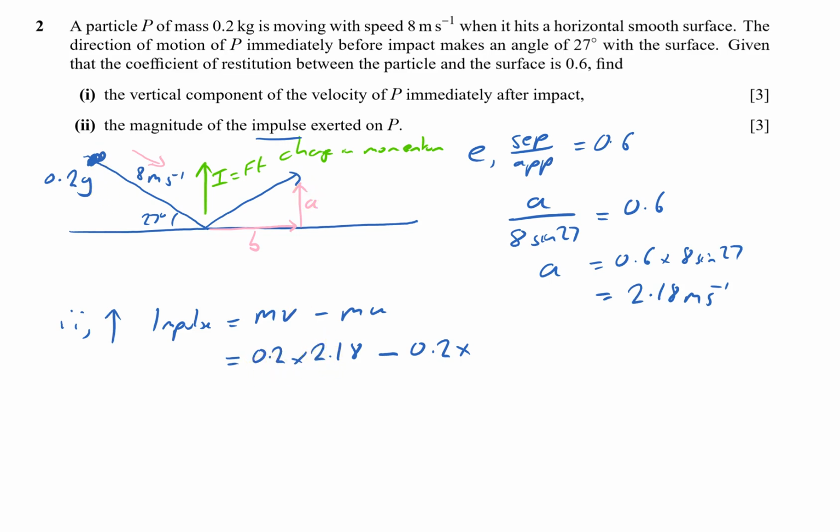But this velocity as it comes in, that velocity as it approaches, is no longer positive because it goes in the opposite direction to the impulse, and so that's going to be negative. So it's times negative 8 sine 27, and that equals 1.16. Impulse is in newton seconds, which is not surprising because it's force times time, newtons times seconds. And that's question 2 done.